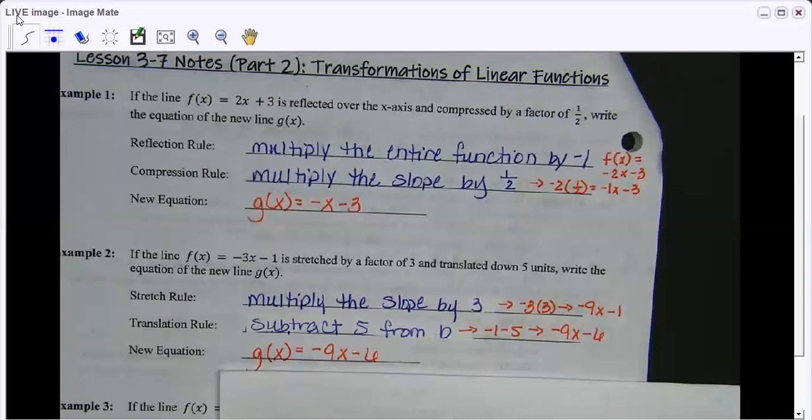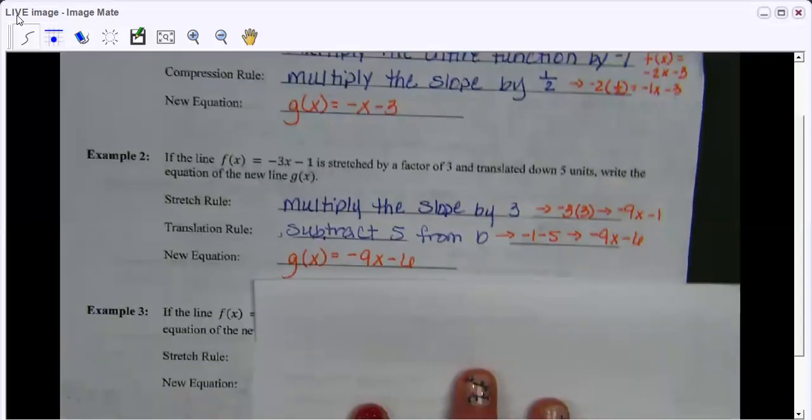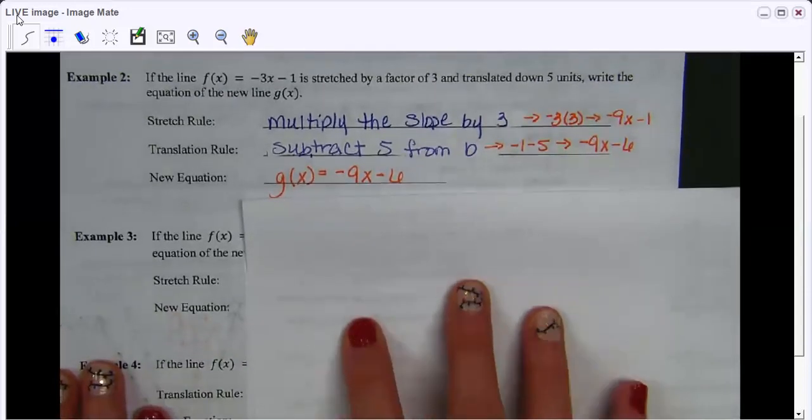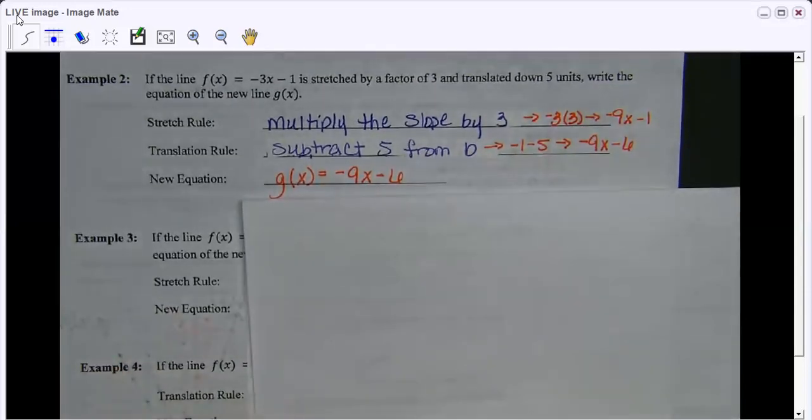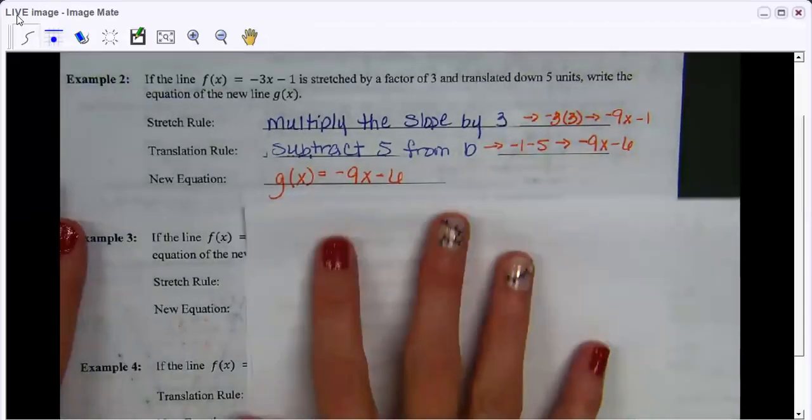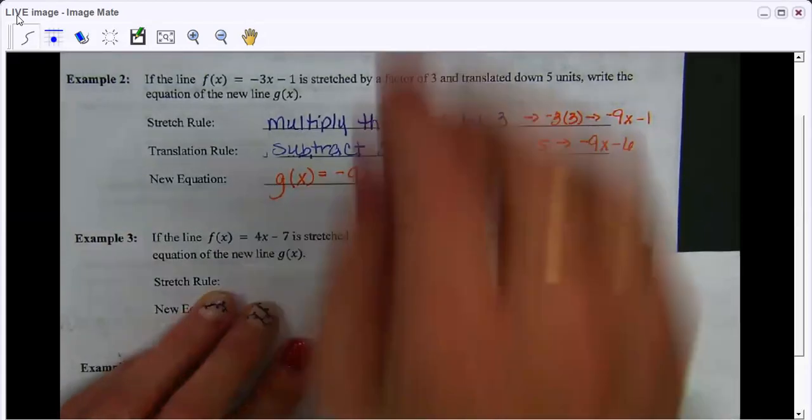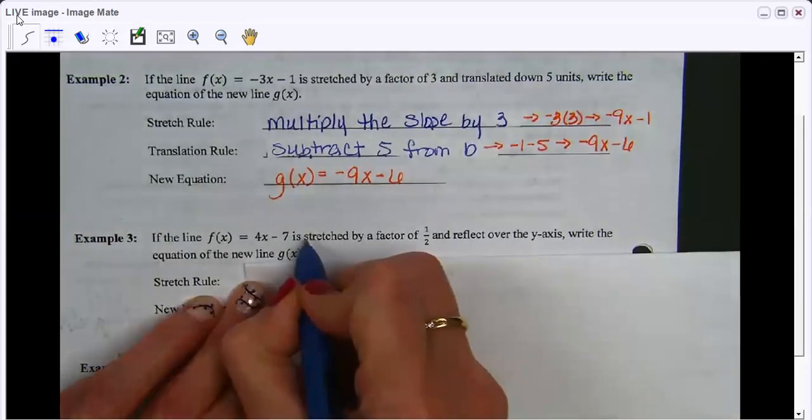Okay, example 3 is just one rule, it's a stretch rule, so I want you to write the rule and the new equation on your own for example 3. Okay, there's a mistake on here. This right here should be compressed.